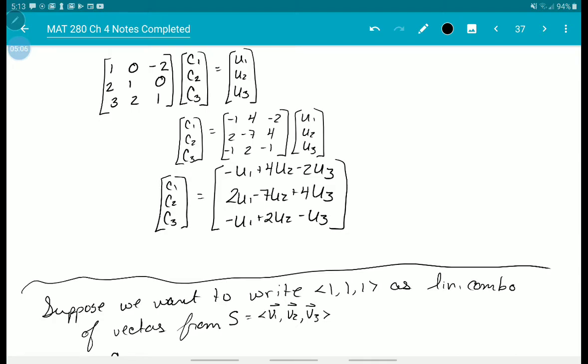So there's what C1, C2, and C3 have to be. So notice we've got an equation essentially for C1, C2, and C3. And that's because our U vector, the vector we're trying to express, started out being a very generic vector.